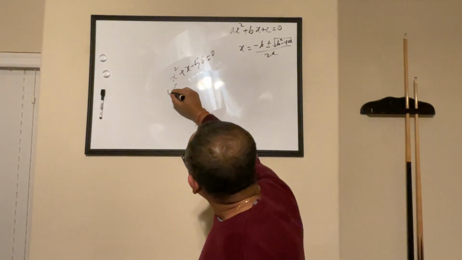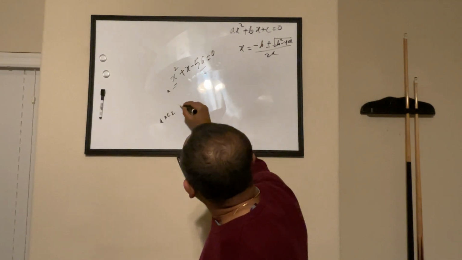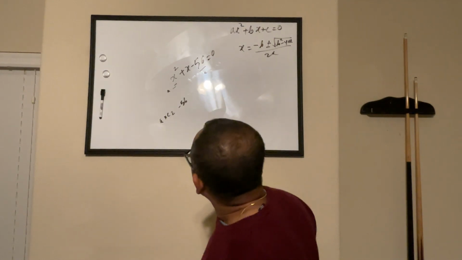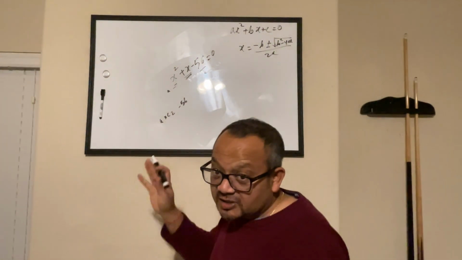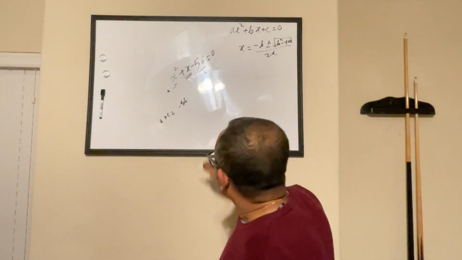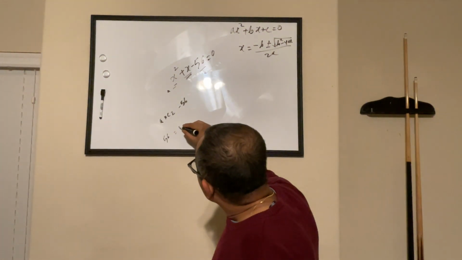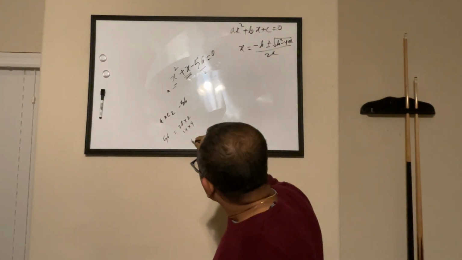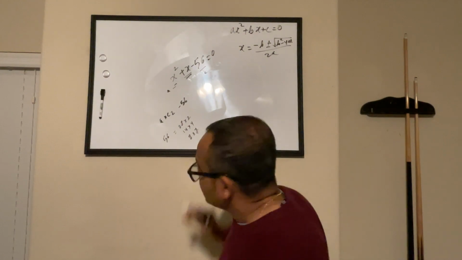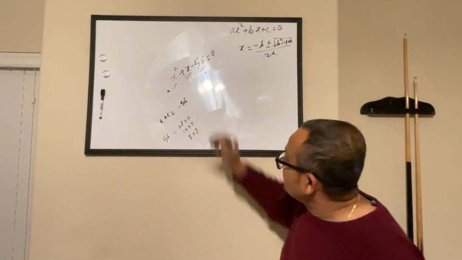This here is A and this is C. So A times C is minus 56, right? So you have to break x into two parts so that the multiplication of the coefficients is equal to minus 56. So the factors for 56 will be what? 28 into 2, 14 into 4, 8 into 7. Which one should we pick so that the difference is close to 1?